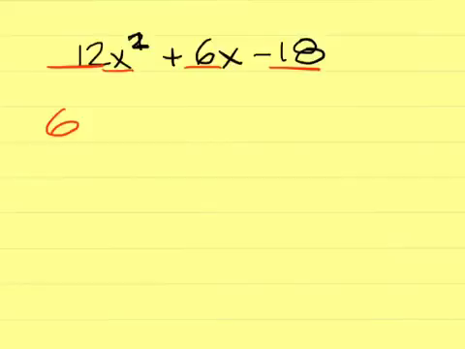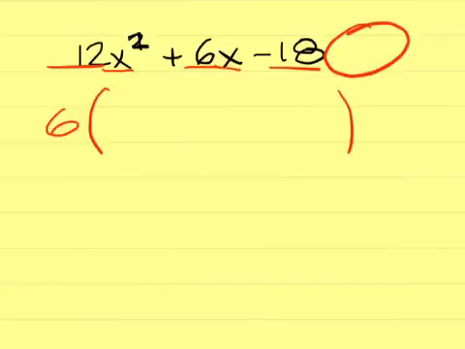You have one here and here, but there is no x term at the end. If you can't take an x term out of all three of them, then you cannot factor out an x term. So all you're taking out is a 6. Divide everything in there by 6 to get 2x squared plus x minus 3.